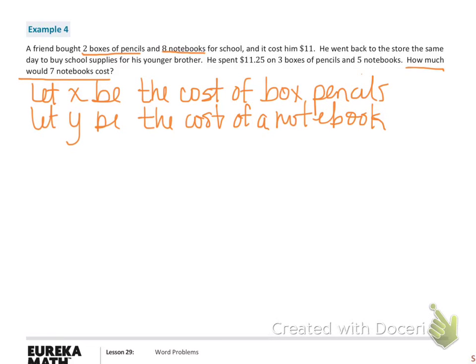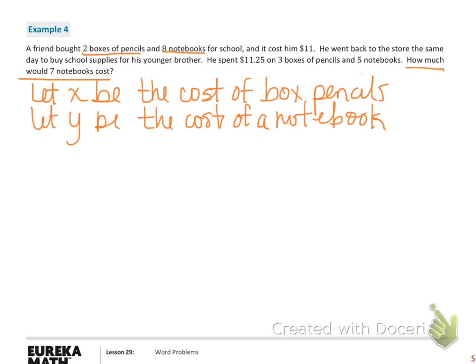Okay, so once I have that done, I can begin representing the information in the problem as a mathematical sentence. A friend bought 2 boxes of pencils and 8 notebooks for school, and it cost him $11.